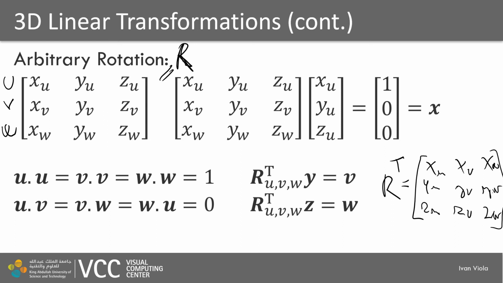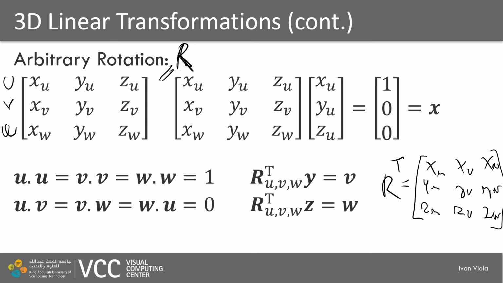If we post multiply it with a vector 1, 0, 0, we will get the u coordinate, the u vector.